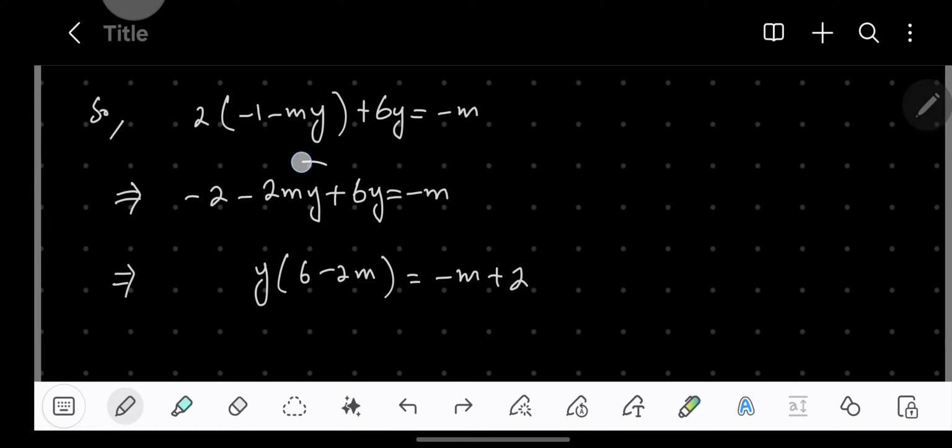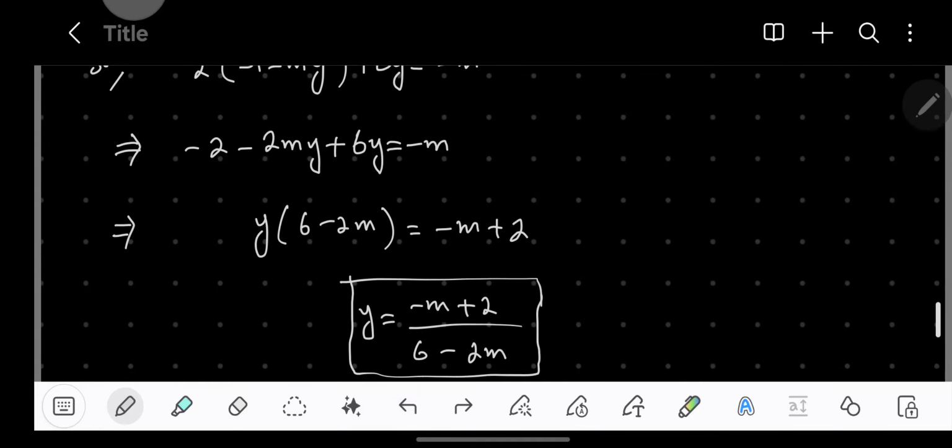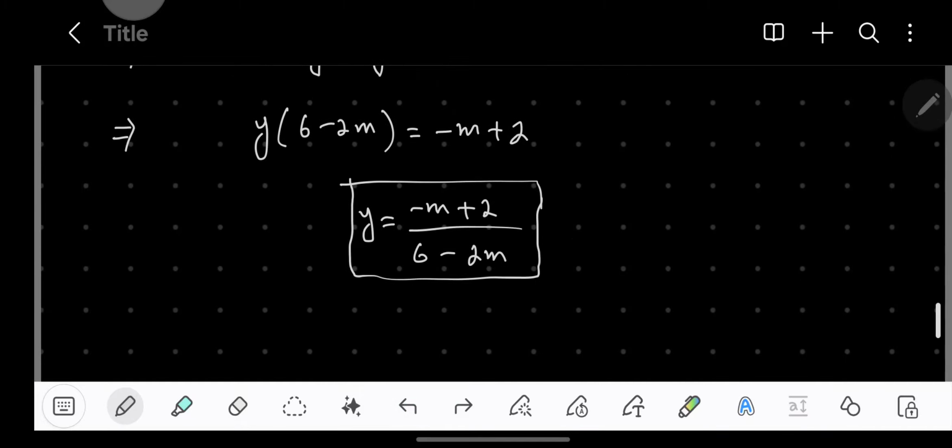If you take y common from these two values and take these two to the other side, you will get this value. And then if you divide this term to the other side, you will get y is equal to this value. So we have got the value of y.